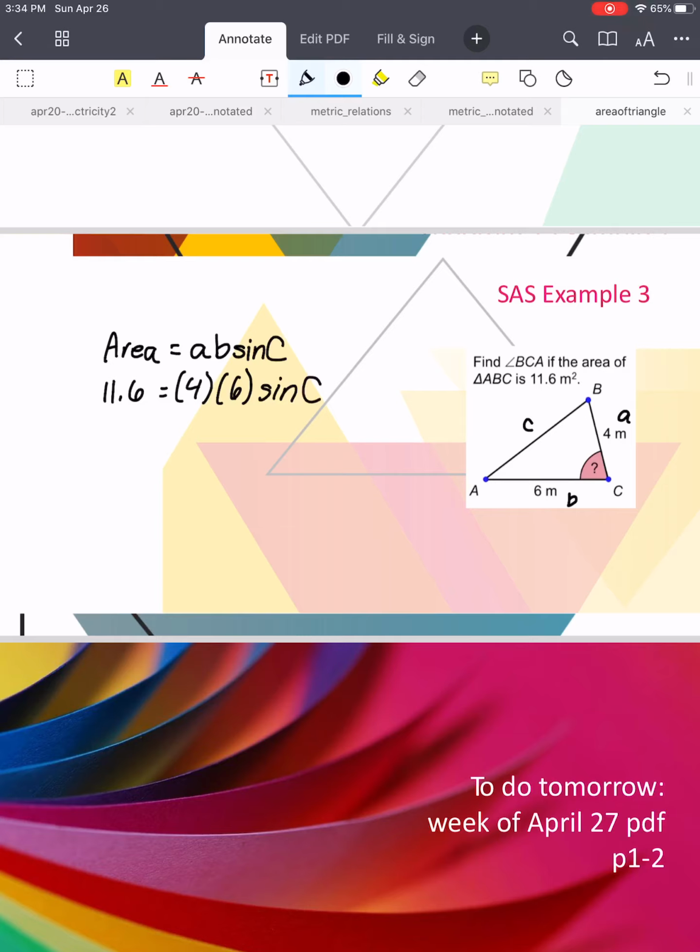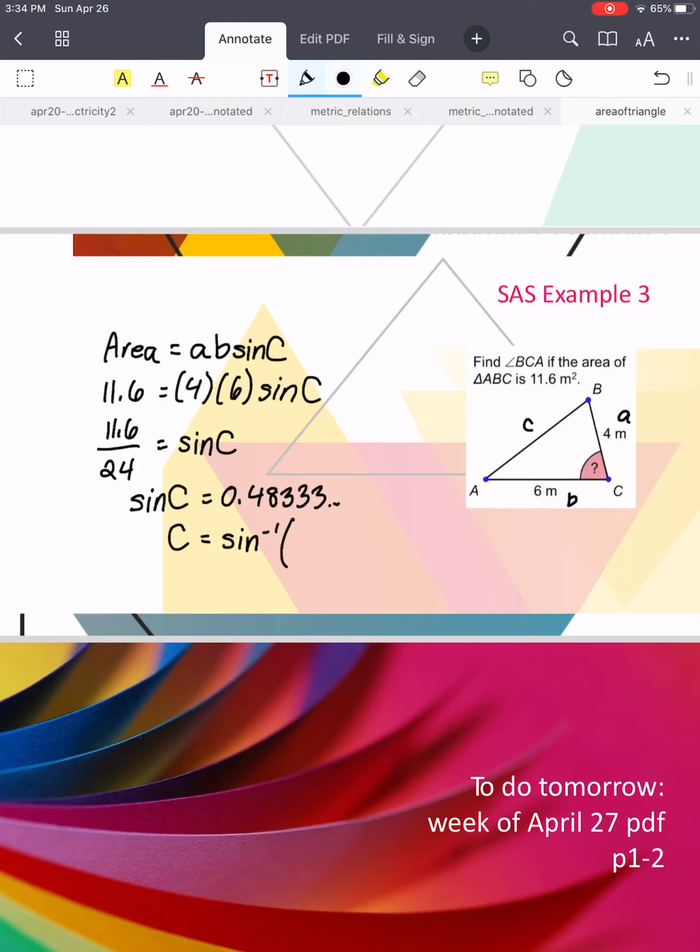So 4 times 6 is 24. If we do that and divide by 24, we get that sine C is 0.48333. To find C, we have to use the inverse sine.